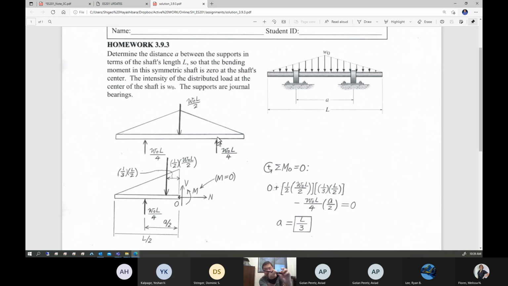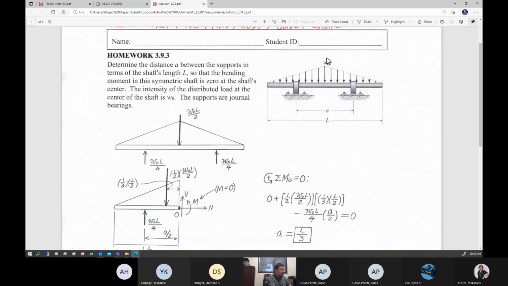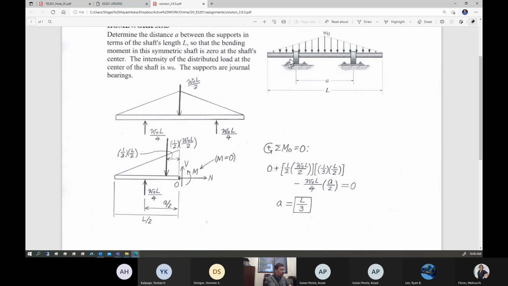You cannot rotate, but anyways, for the moment let's just ignore that. It's free to move this way, but you cannot move in the y direction. So there is a support reaction here and here. This is symmetric, so half of the vertical loading is supported here, and half is supported here. Those are the support reactions. Then next you cut through here, pick up either the left or right cut segment, and call that point O. Introduce internal shear, moment, and normal force.